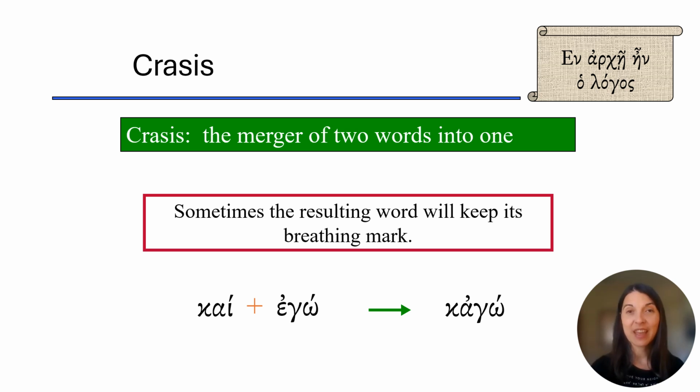Kai ego together is kego. And this is a word that has been merged into two. It's kind of like an apostrophe situation, or like the word can't. It's two words that come together. And so this will keep its own breathing marks. So if you notice that in your vocabulary this week, good eagle eye student, you will notice why that is.